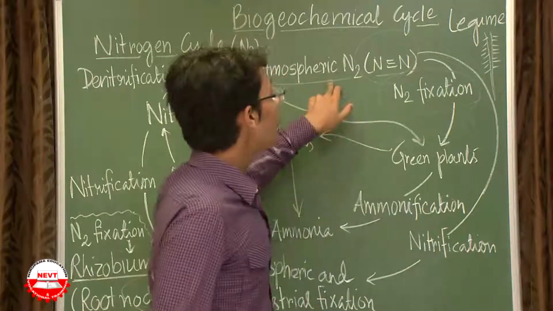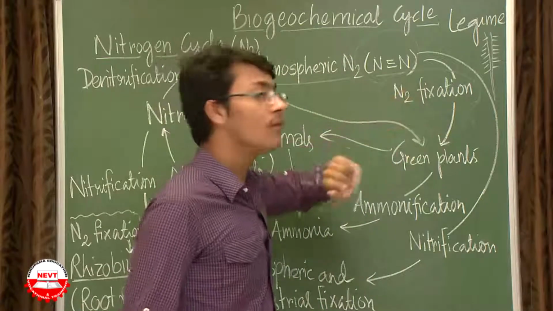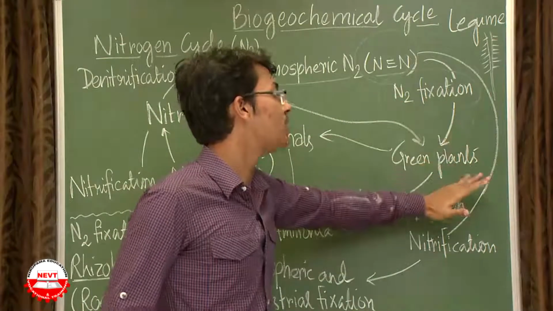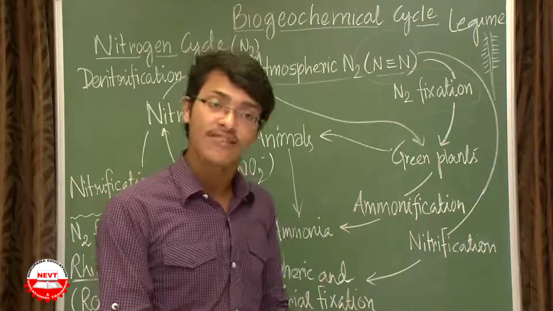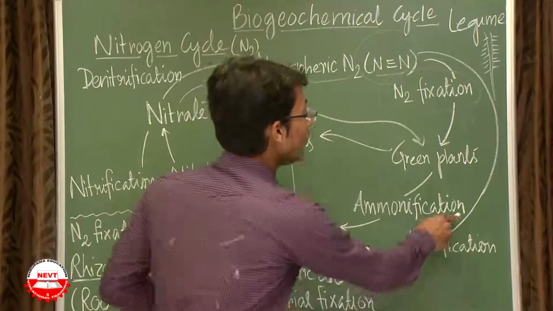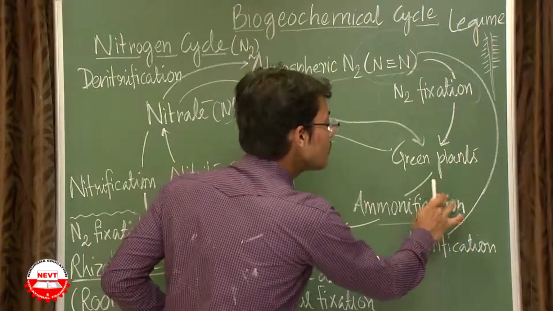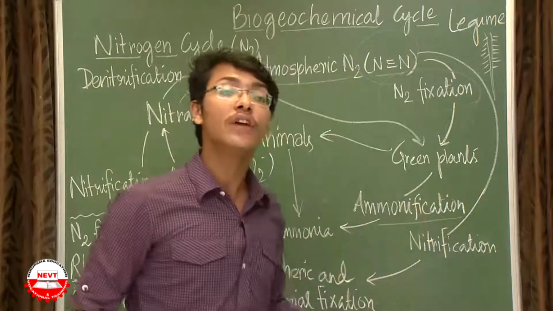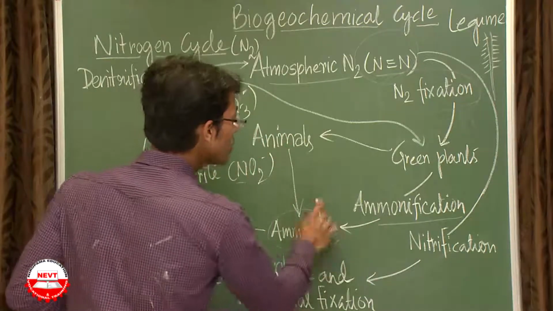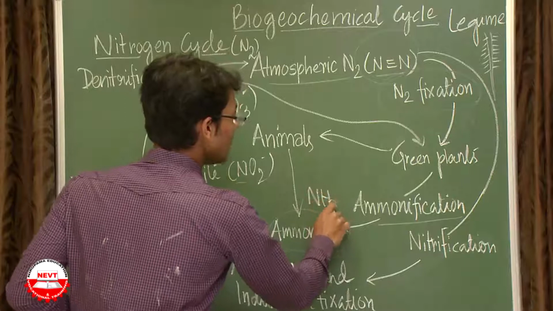So from here, the atmospheric nitrogen fixation is occurring in the green plants. After the fixation of nitrogen, what we get is nitrite and nitrate. Then we undergo ammonification. Ammonification is the process of conversion of the chemical components into ammonia. You all know the chemical formula of ammonia is NH3.